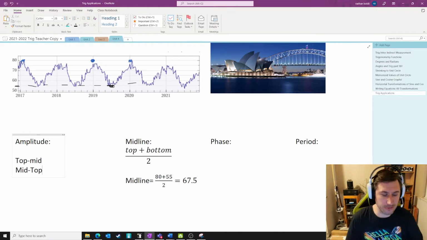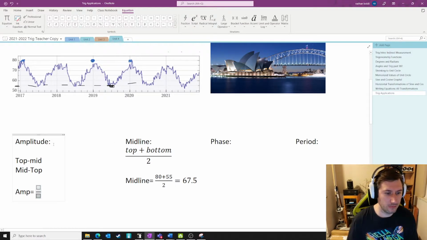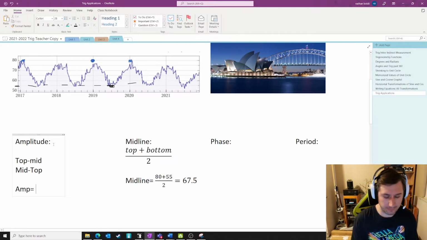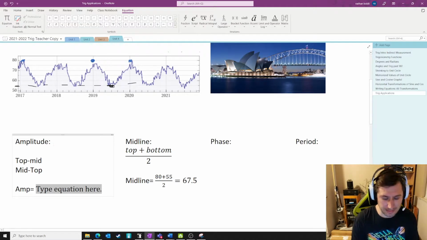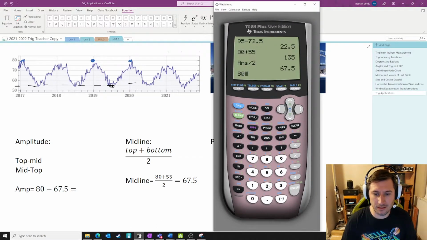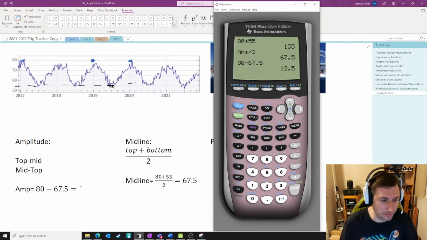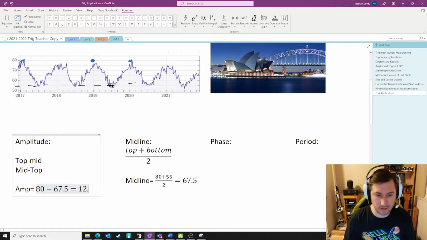Either one of those will give us our amplitude. All right, so my top is 80 minus 67.5. 80 minus 67.5 gives me 12.5. So my amplitude is 12.5.